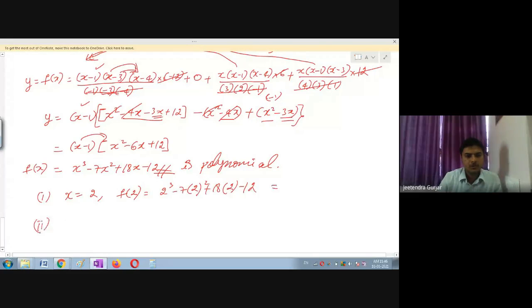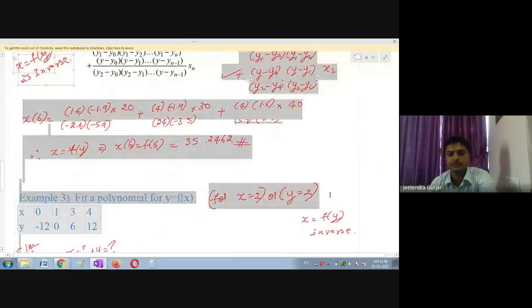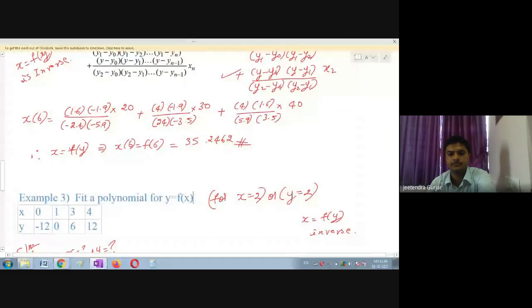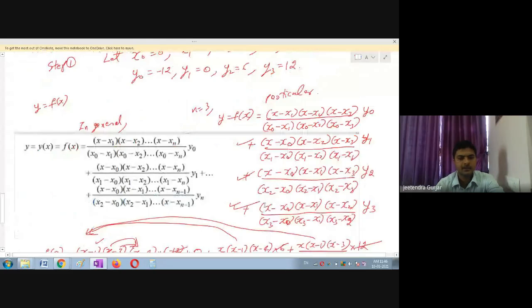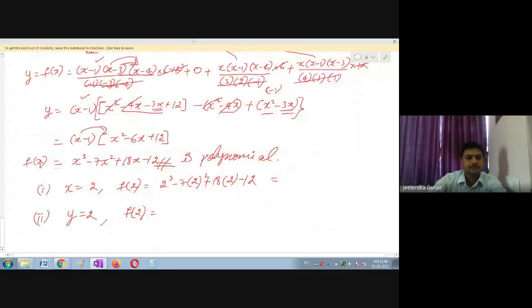Suppose y is equal to 2 is given, then f of 2 is equal to, here y is not there, so you cannot take here y, so you will not get this y value. You can only simplify this value. Suppose if y is given, then what you will do? Yes, this is our y. y is equal to f of x.